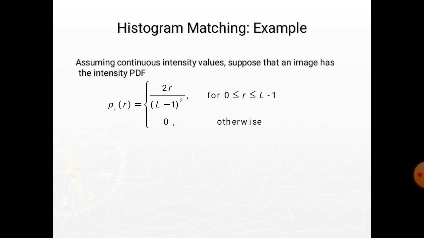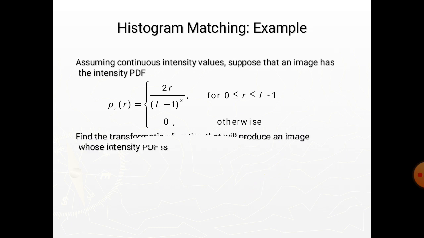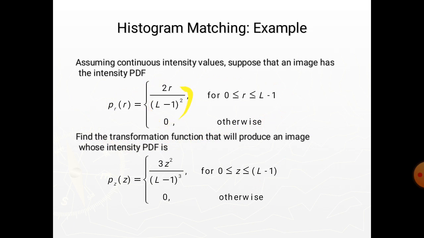First we have to find the histogram equalization transformation for the interval 0 to L-1. Here p_r(r) = 2r / (L-1)^2 for 0 <= r <= L-1, otherwise it is 0. We then find the transformation function that will produce an image whose intensity PDF is p_z(z) = 3z^2 / (L-1)^3 for 0 <= z <= L-1, otherwise it is 0.